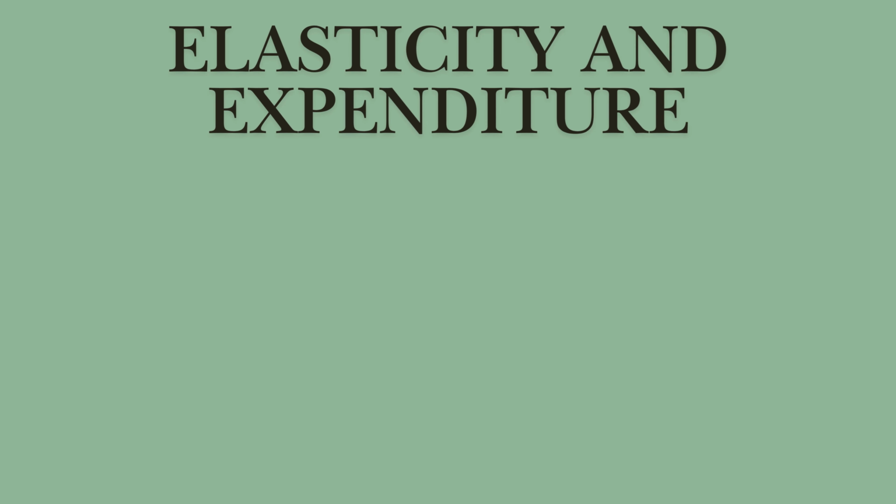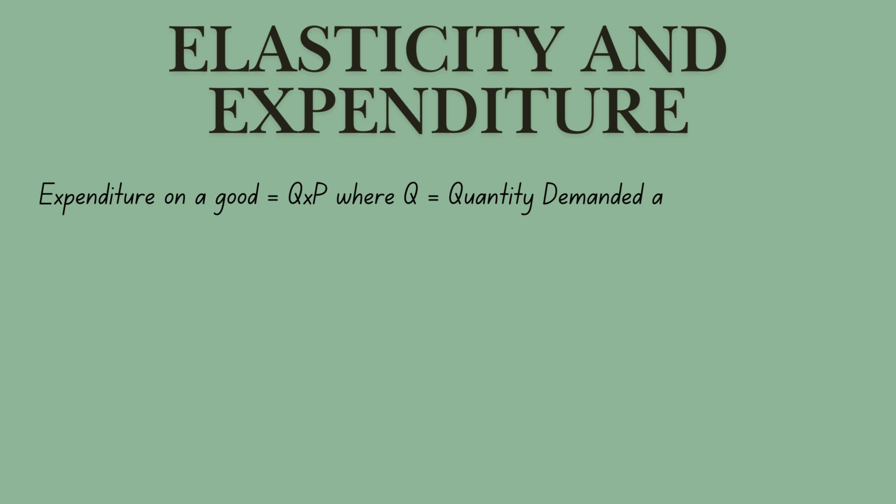Now that we have covered how elasticity works graphically, let's move on to the relationship between price elasticity of demand and expenditure on a good. Expenditure on a good is equal to Q into P, where Q is the quantity demanded and P is the price of the good.